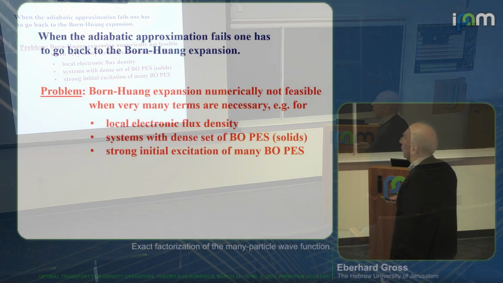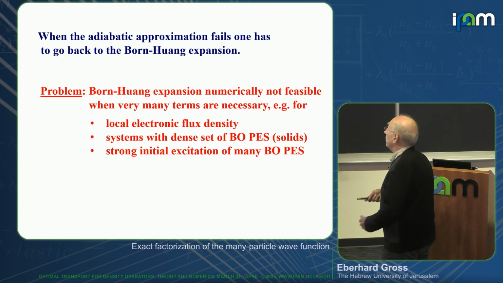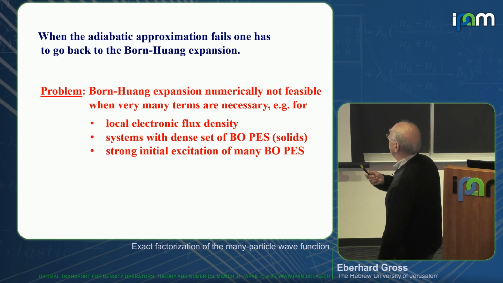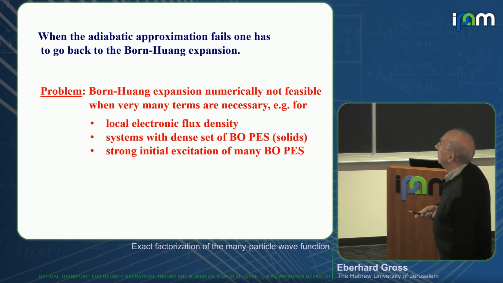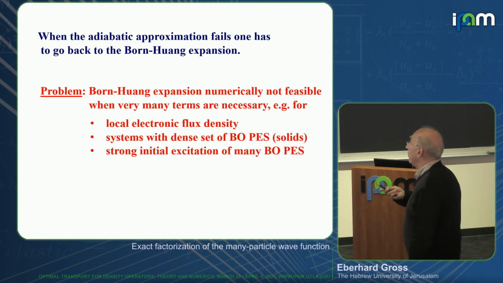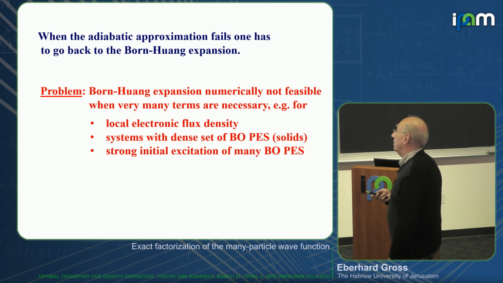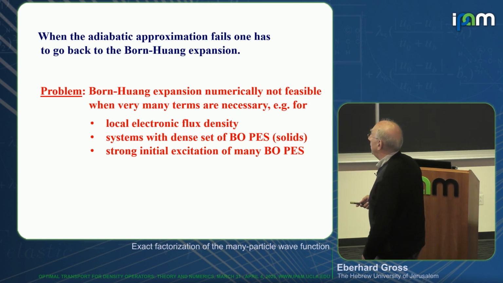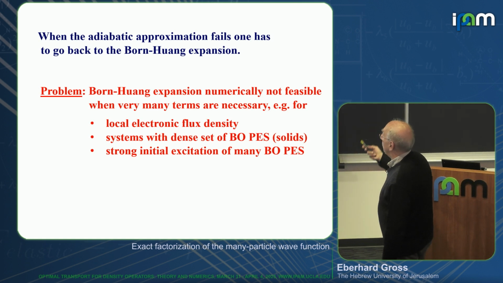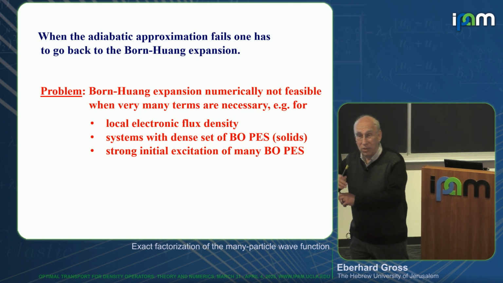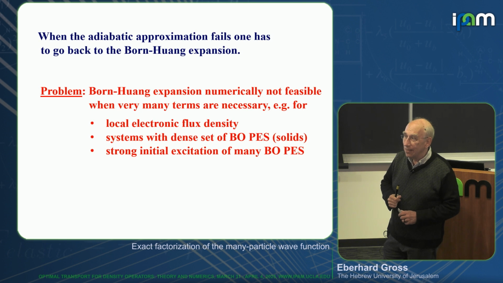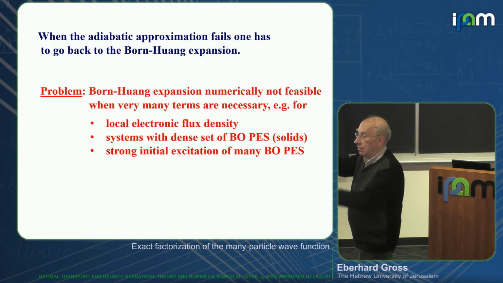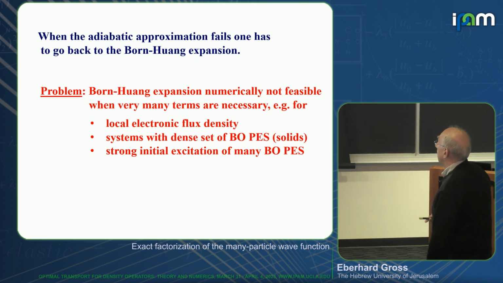Okay, so as I said, when the adiabatic approximation fails, one can always go back to the Born-Huang expansion, but often this is really numerically not feasible. Like I said, when you need many terms, another case where you need many terms is when the Born-Oppenheimer states are dense. So that's in a solid, right? So densely arranged.